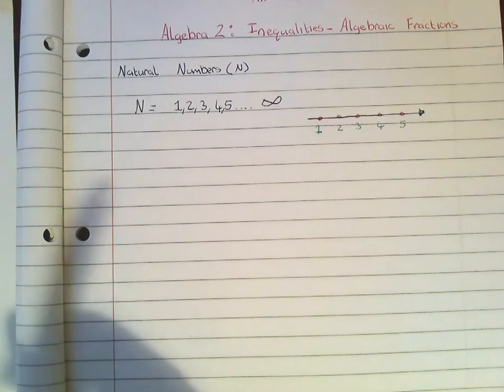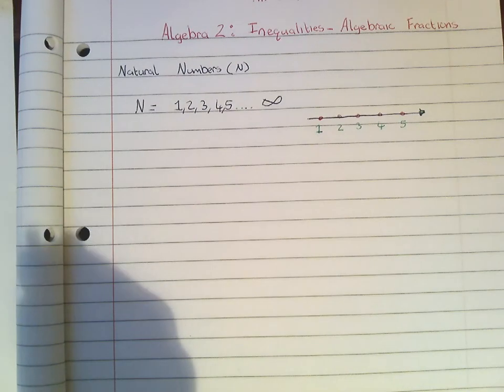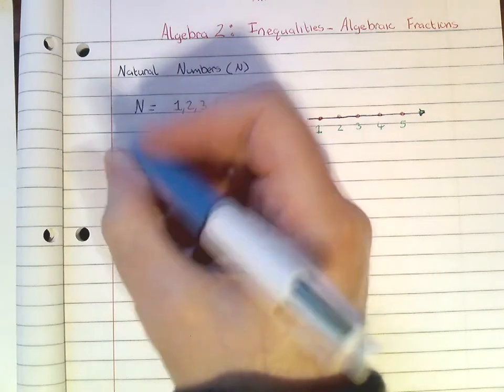The next kind of number system that we deal with in junior cert maths are called integers.